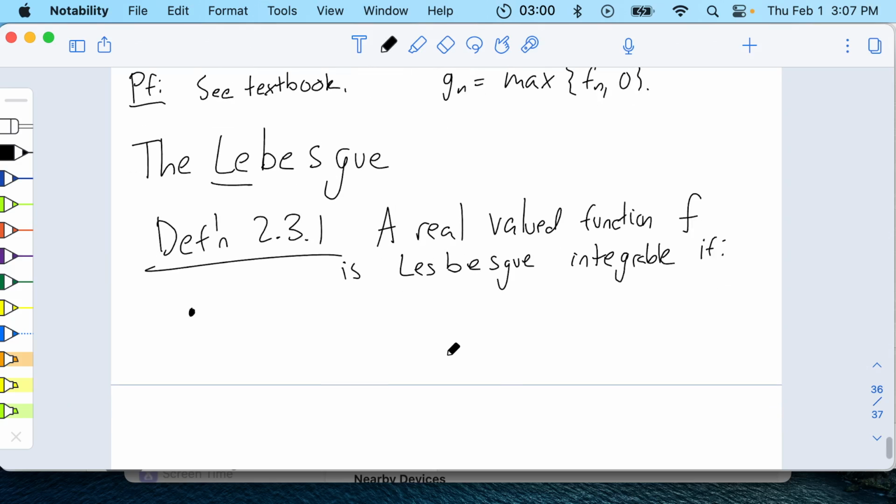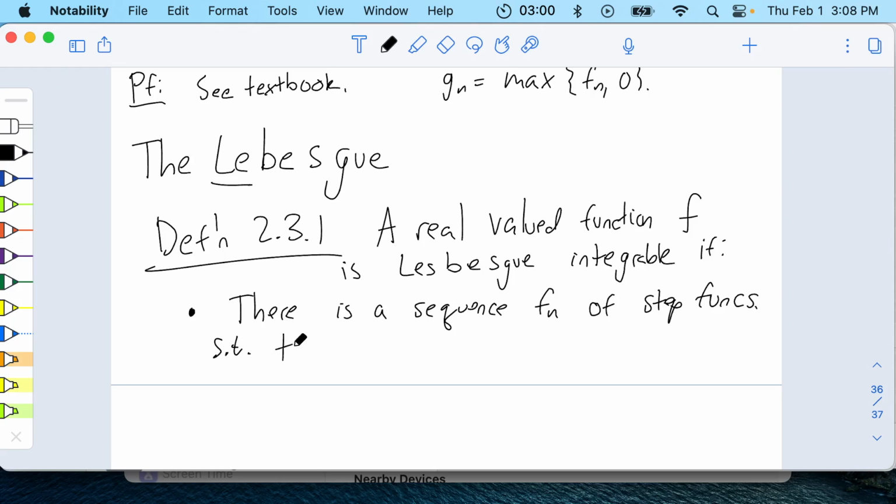The first thing doesn't have a label. The other things are called A and B. There is a sequence fn of step functions such that two conditions hold.